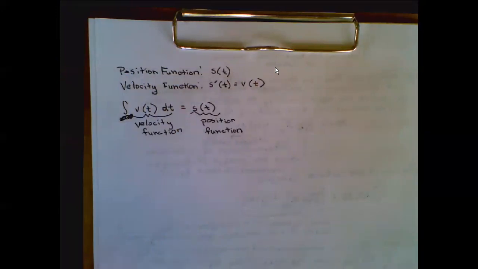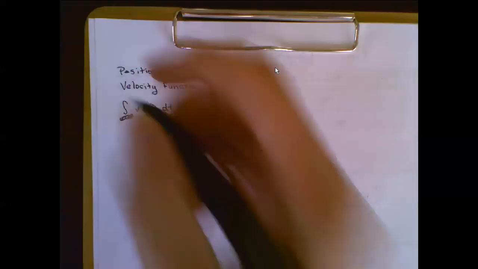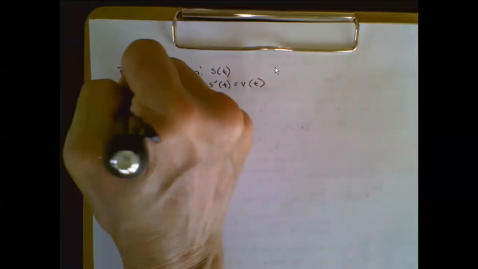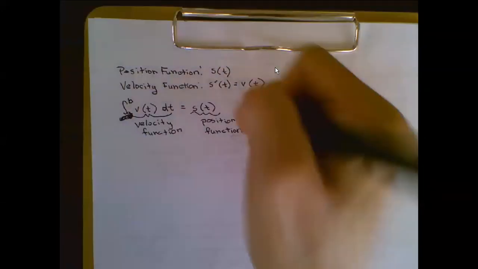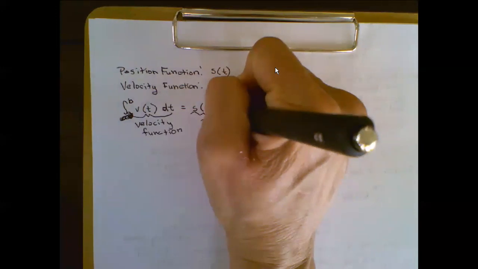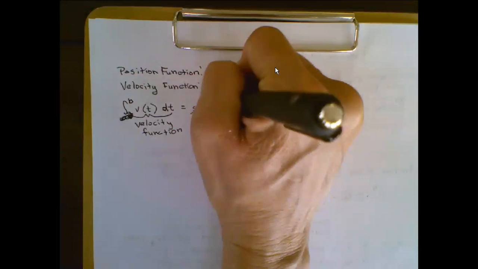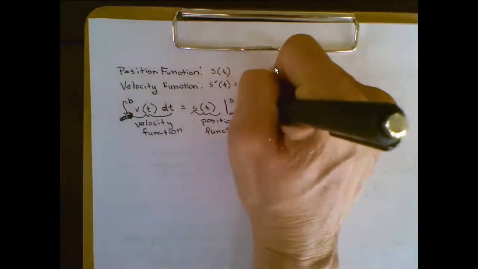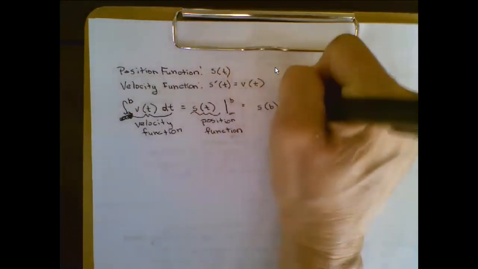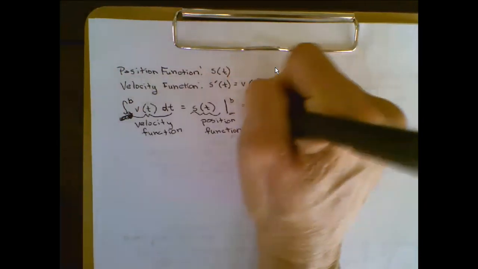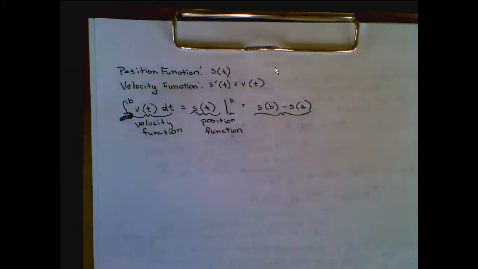I'm not through, but so far so good? Okay. If we attach the limits a and b to that, and we use the fundamental theorem of calculus to evaluate this from a to b, in other words, if we find s of b minus s of a, what would that really give us? I'm talking words.